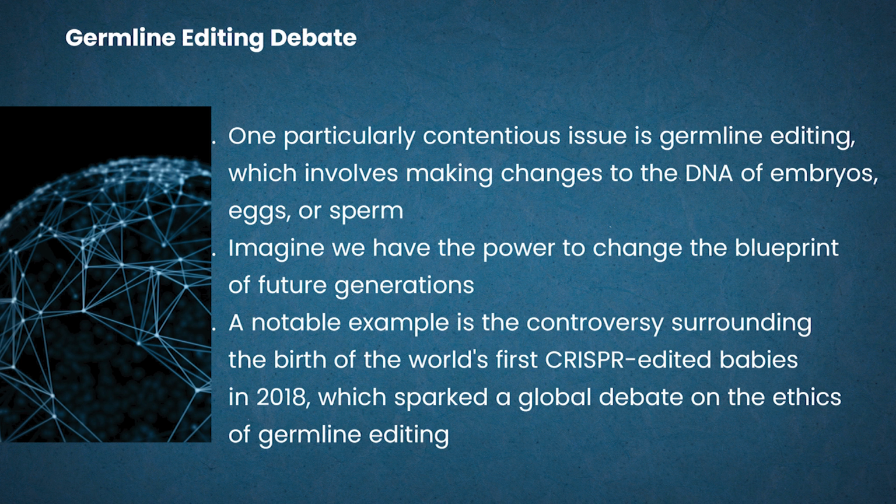While it could be used to prevent genetic diseases, it also raises concerns about unintended consequences and playing with nature. A notable example is the controversy surrounding the birth of the world's first CRISPR edited babies in 2018, which sparked a global debate on the ethics of germline editing.